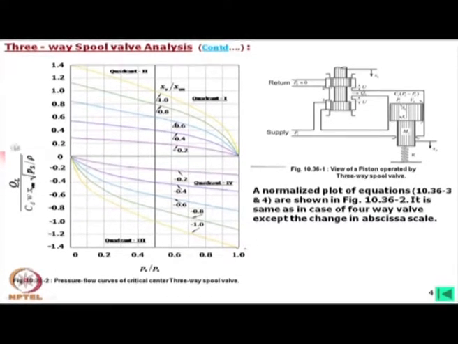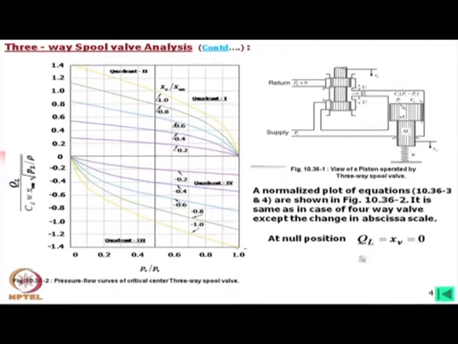Now, here this is written in the dimensionless form, this is also in the dimensionless form, and we can observe these are for different x_v by x_max. Okay. So, this ratio. So, all are in dimensionless form, and what we find, we should call this the null position. Okay. This is the null position.